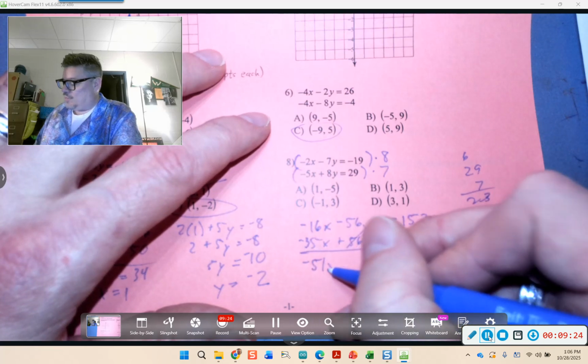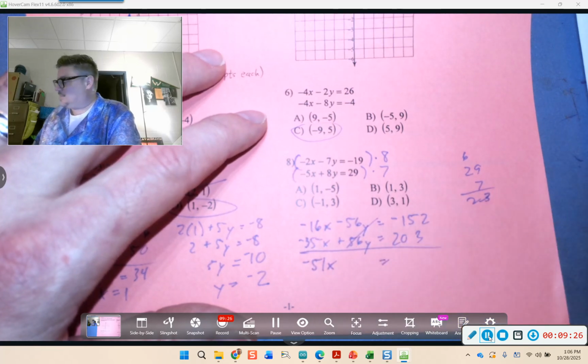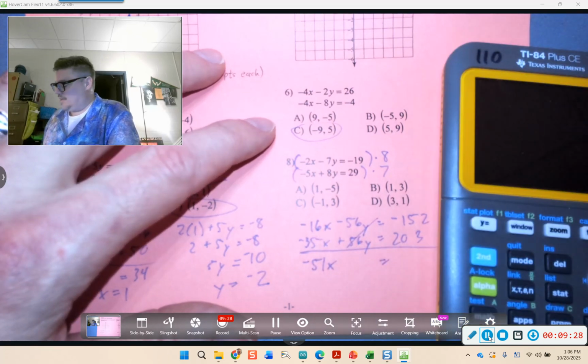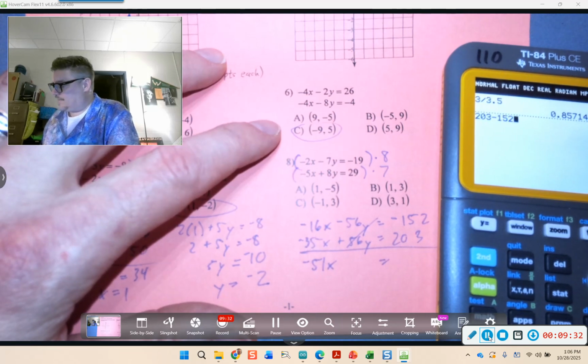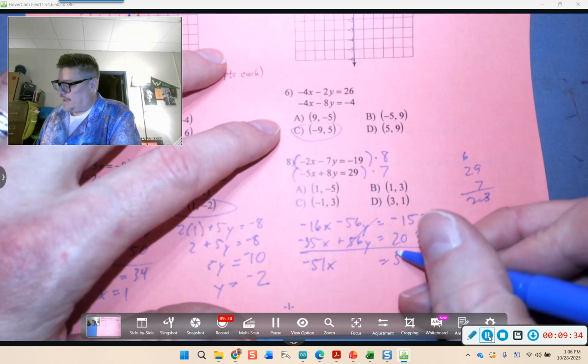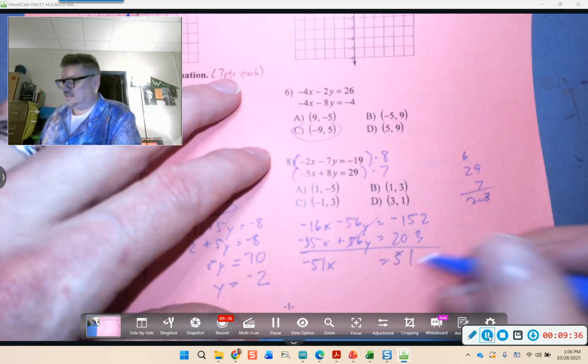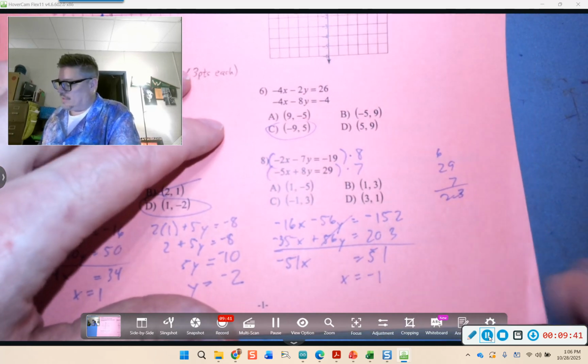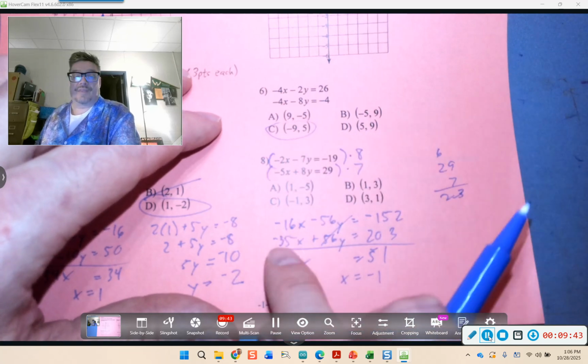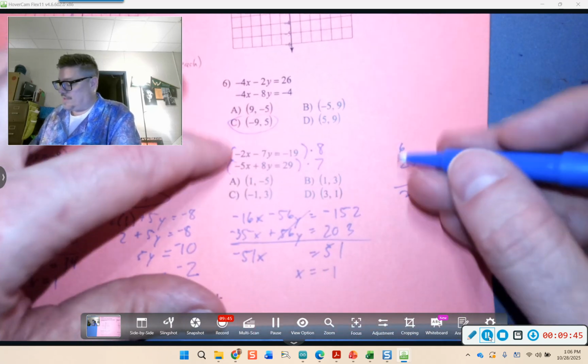Okay, these guys go. This becomes -151, and then this becomes, I'm not trusting myself. I'm too tired. -152, 51. Look at that. It looks like x equals -1. So with x equaling -1, it looks like it's got to be C, but let's just make sure that this works.